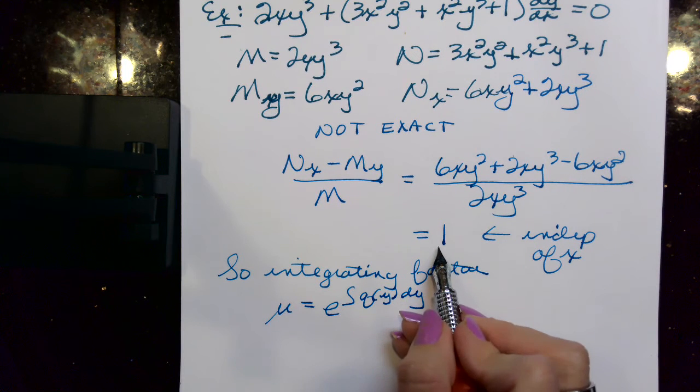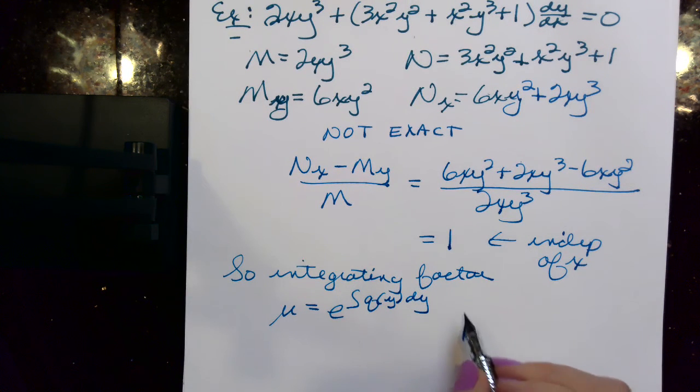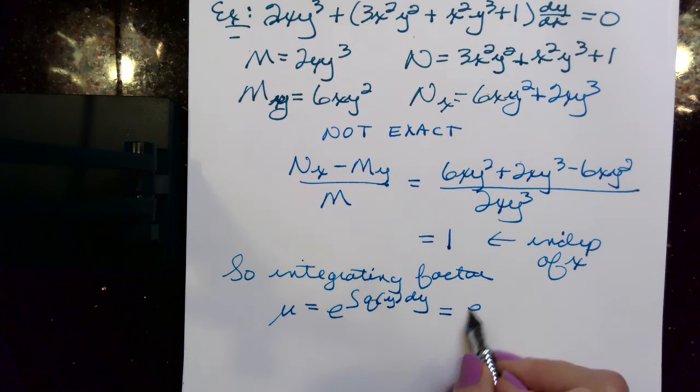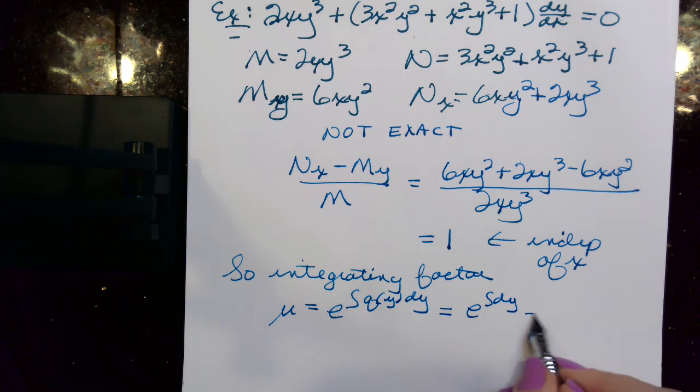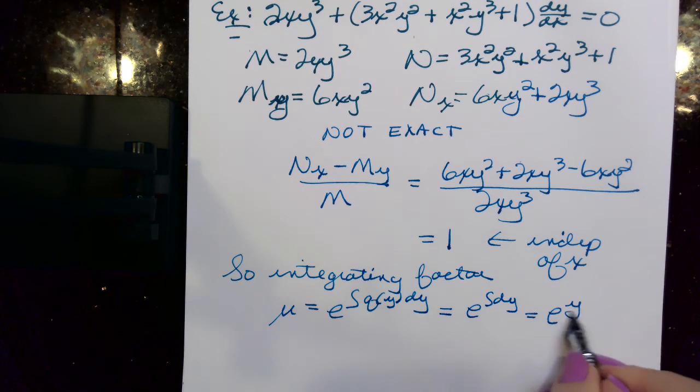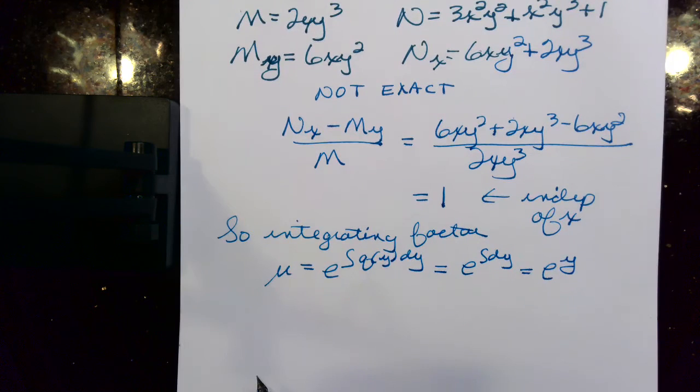This is the little q of y, by the way. So it's just 1 in this case. So this is e to the integral dy. So that is e to the y. Okay, so that's our integrating factor.